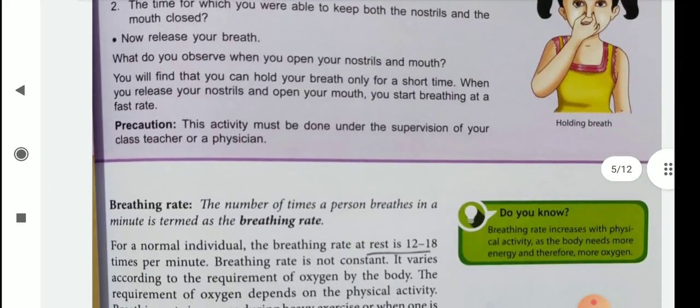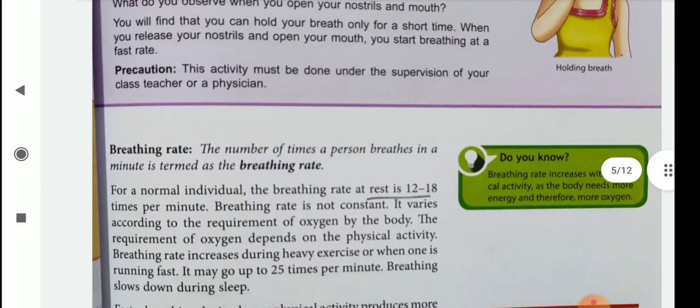Then the rate of breathing. The number of times a person breathes in a minute is termed the breathing rate. For a normal individual, the breathing rate at rest is 12 to 18 times per minute. Breathing rate is not constant. It varies according to the requirement of oxygen by the body.